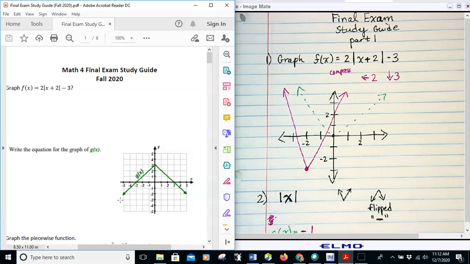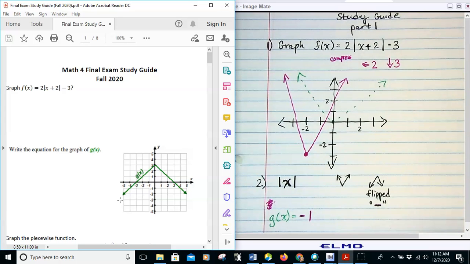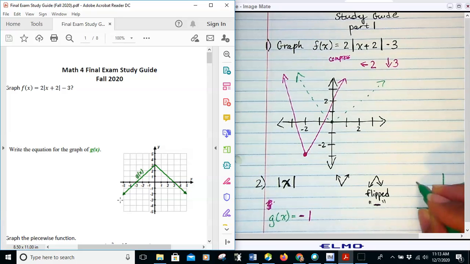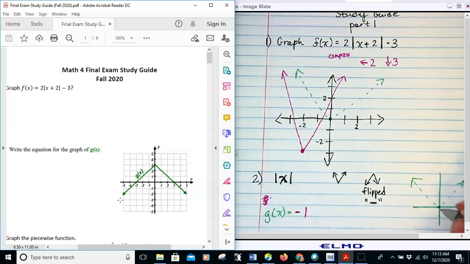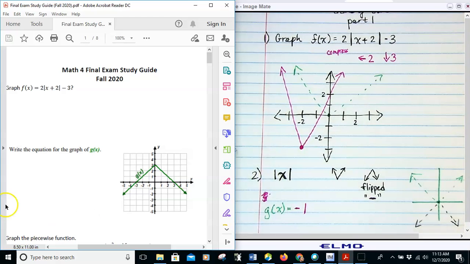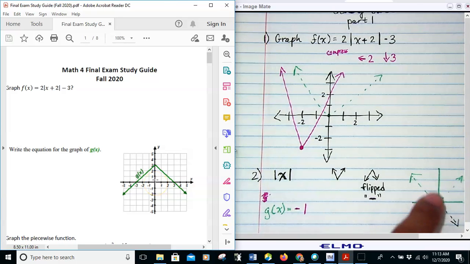And we're going to look at the absolute value portion of it. All right, so looking at this part, again, we know we flipped. So from the parent graph, we know it comes like this. If it flips, it means it's going down this way. All right, but then if you look at it from the origin right here, like we have on our graph, it went up 3.